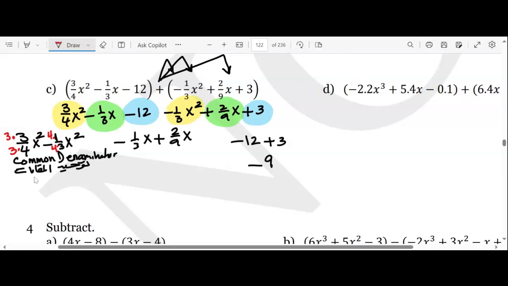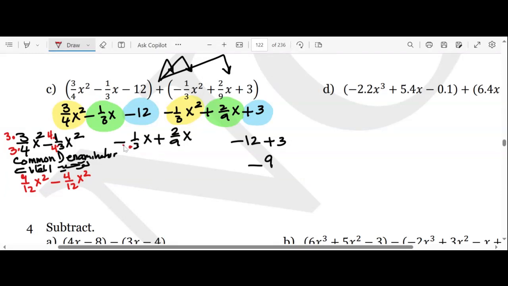So if you play in the bottom, you play in the top. So 3 times 3? 9. 9 over what? 12. And then the other one is what? 4 over 12.